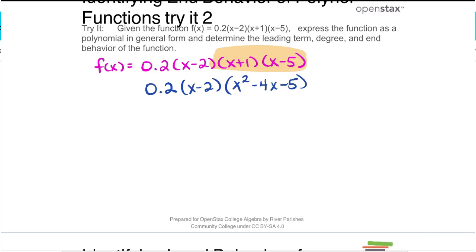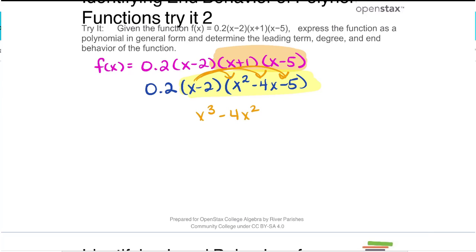Alright, so now I'm going to multiply the x minus 2 times the x squared minus 4x minus 5. To do that, I'm going to multiply the x times the x squared and get x to the third. X times negative 4x is negative 4x squared.